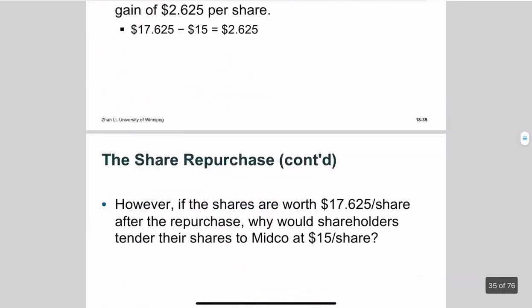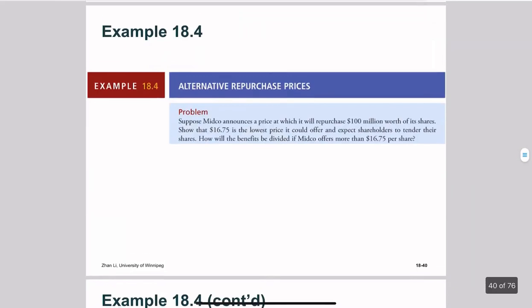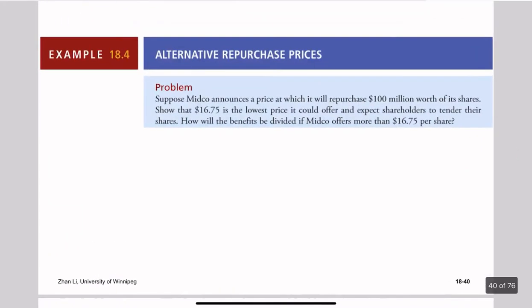Okay, now let's see an example, and this example will conclude this section. So suppose the same firm, Midco, so we are still in the same example. The firm announces it will purchase $100 million of shares and show that 16.75 is the lowest price it could offer and expect shareholders to tender their shares.